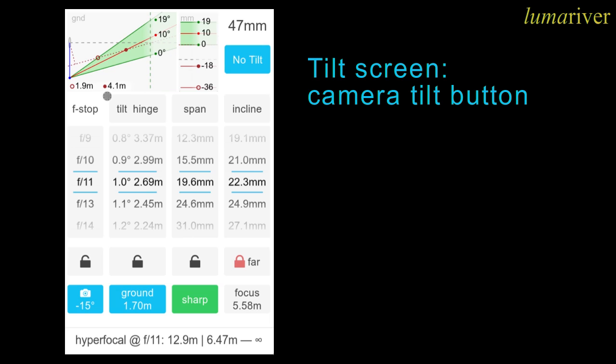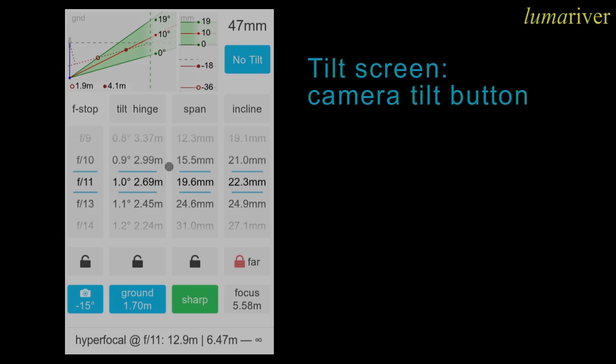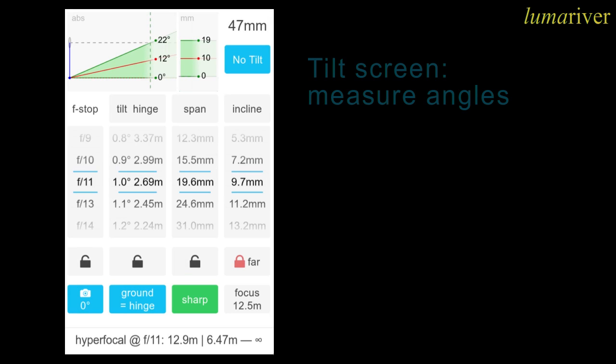In the sensor plane part of the diagram, the projected ground level at infinity is now shown as a brown dashed line, and with the unit display mode set at ground, the distances are relative to that. The headings above the tilt, span and incline scrollers are buttons, and if you press them you can set the corresponding values by measuring angles using the device's tilt sensor.